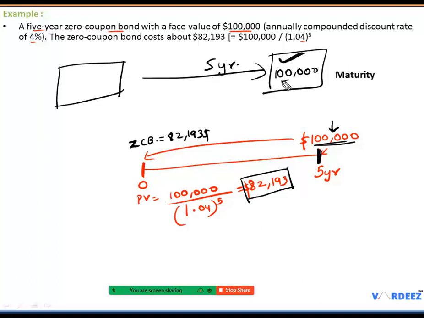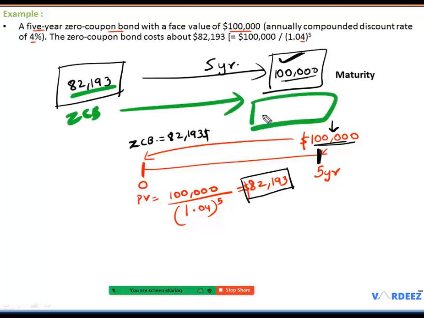In order to get this principal worth $100,000 at the end of 5 years, we need to spend $82,193. So effectively, if I invest roughly 82,000 in a zero coupon bond, after 5 years I will have $100,000. So my principal is protected.